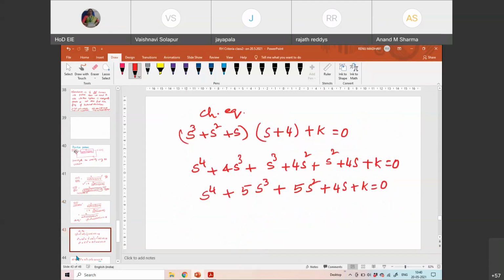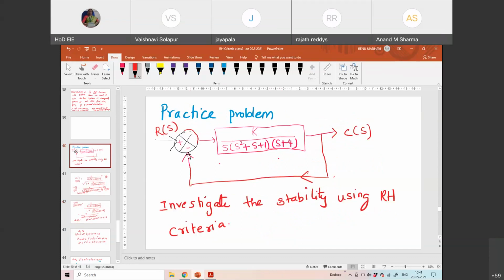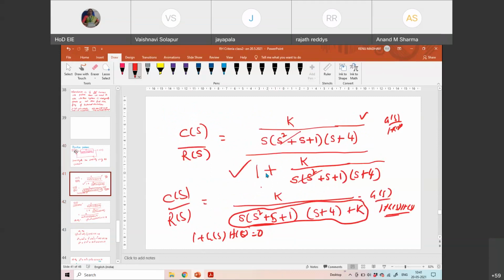Okay, I simplified it. Ma'am, H(s) is minus 1? Yes, H(s) is minus 1. The feedback is 1 by 1 plus G(s) H(s), right? That has become plus. Had it been a positive feedback, then it would have become 1 minus k by something. But it is connected to negative feedback, so it has to be plus.